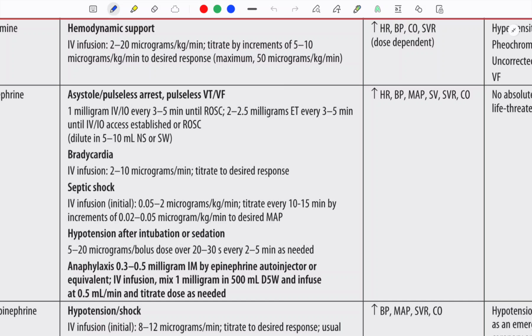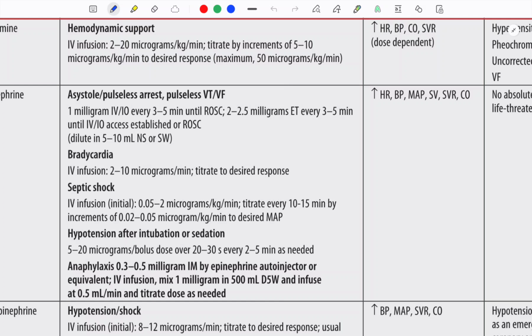If you are using epinephrine for bradycardia, use 2 to 10 microgram per minute. You can use a similar or lower dose in shock, septic shock. And if the patient has hypotension after intubation or hypotension due to sedation, you can give a 5 to 20 microgram bolus every 2 to 5 minutes as indicated.